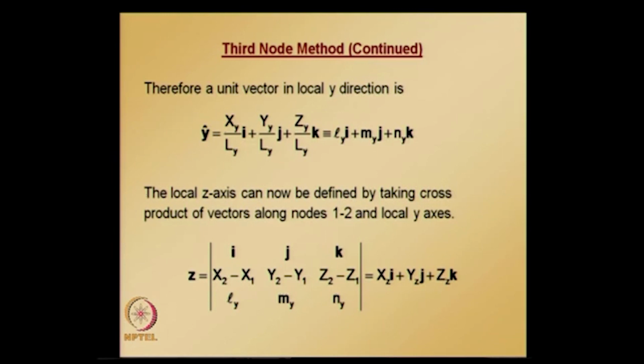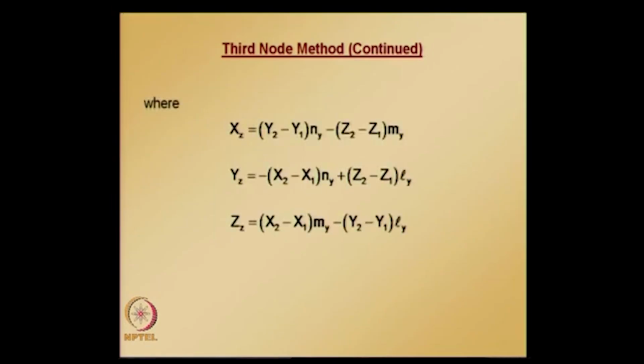The meaning of these is given here, and the magnitude of this vector which is along the local z axis is given by the square root of xz square plus yz square plus zz square. So, that is going to be the length of this vector.